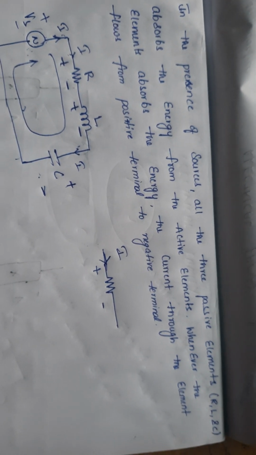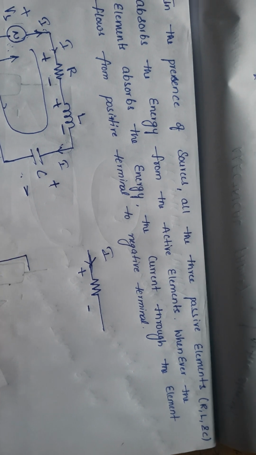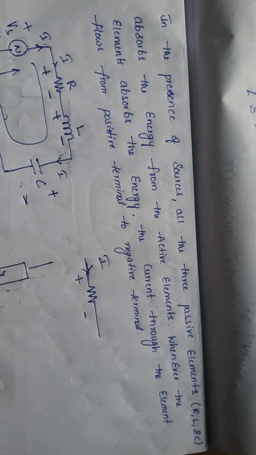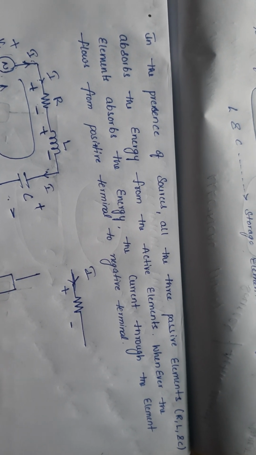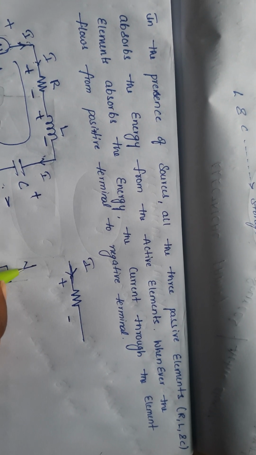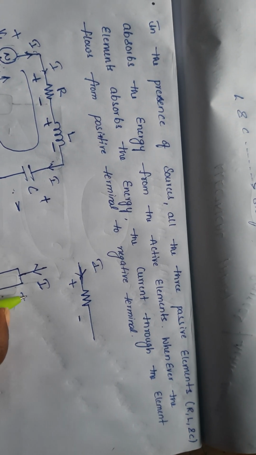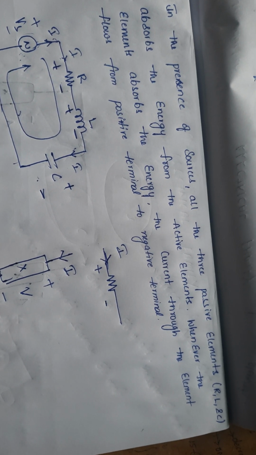If any element, for element x, it may be a capacitor or inductor or resistor, and the current flows in this way, this is absorbing.